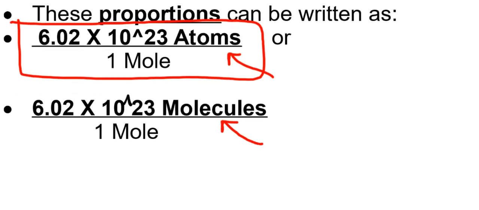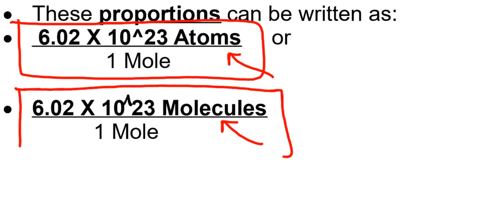And if you are asked for molecules, you have this proportion that says for every 1 mole, we have 6.02 times 10 to the 23rd molecules per mole. So that's what you would write in those 2 blanks at the bottom of the note section on page 16.